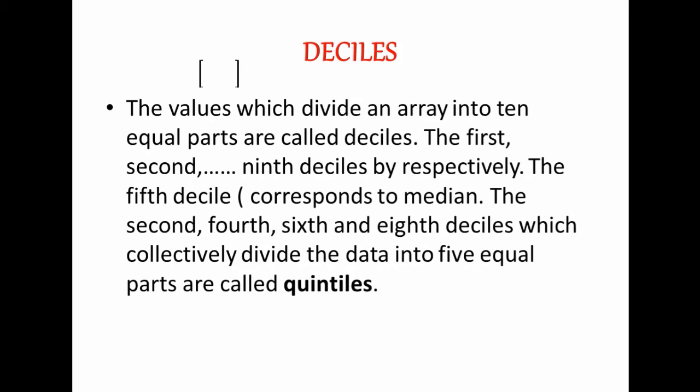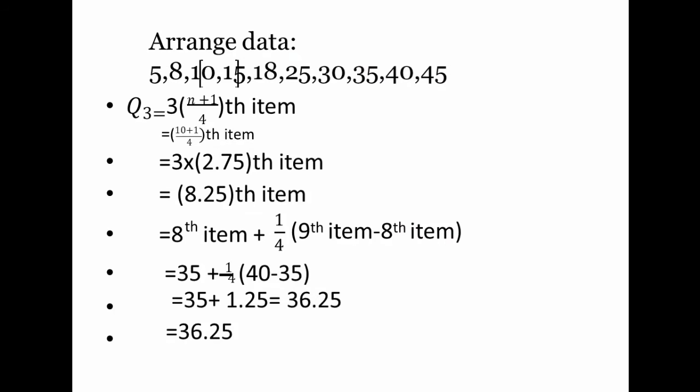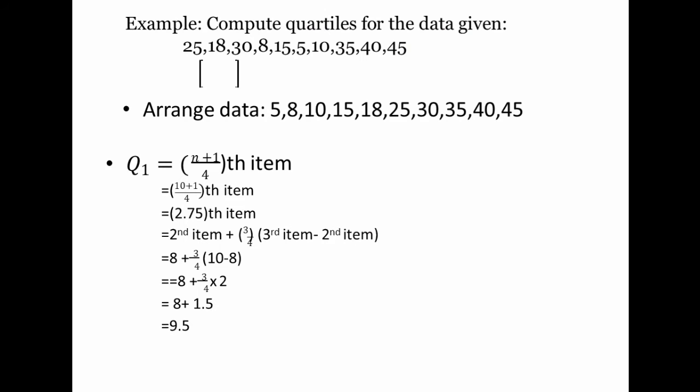So dear students, up to this slide you see over here, these are the quartiles. Quartiles are the three numbers which divide the data into four equal parts, and you see over here these are the formulas. First of all, arrange the data in increasing order, and then for Q1 find the position of Q1.